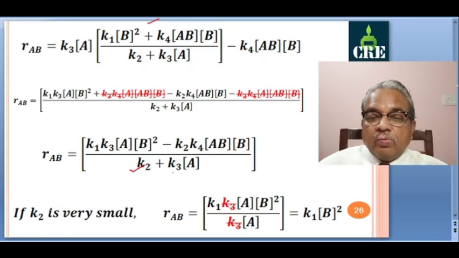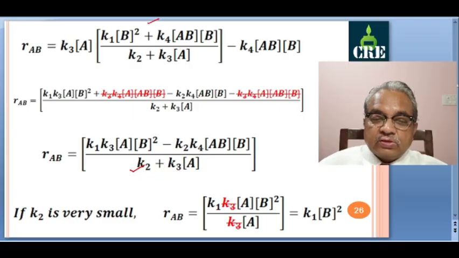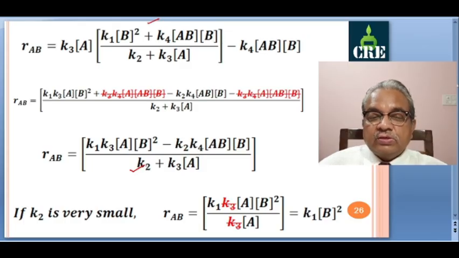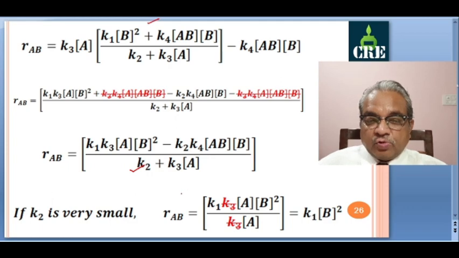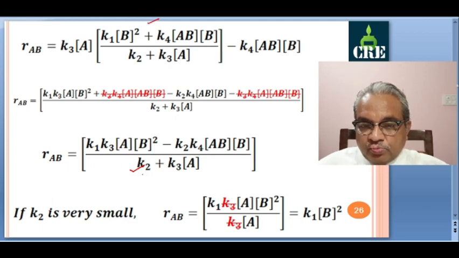Very small means as compared to this value. If the total value is say 100 percent, then this is say 95 and 5. As compared to 95 we consider 5 as negligible, or 99 and 1. So we can approximate 99 as equal to 100, approximation again. So this value is very small.